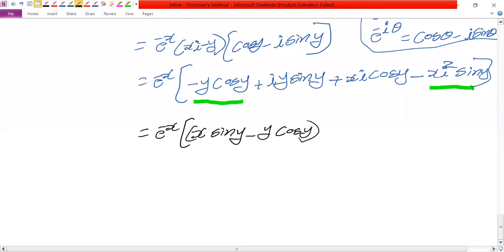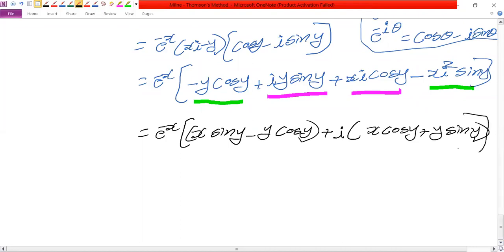Next, plus i into. Now observe here, I am underlining these two terms with the pink color. From these two terms I am taking i common. If we take i common, what we will get? x into cos y plus y into sin y.